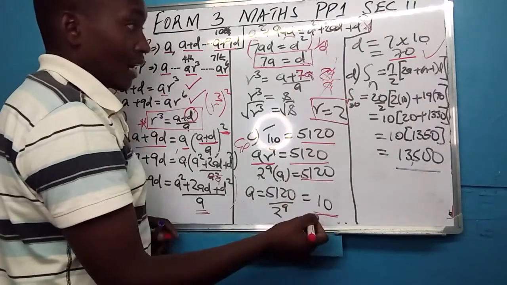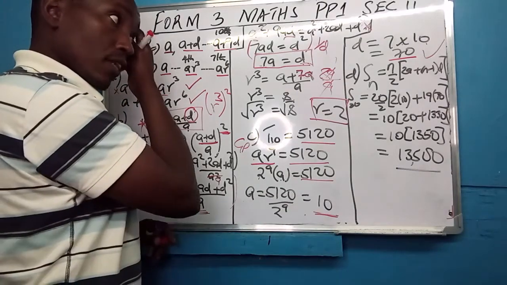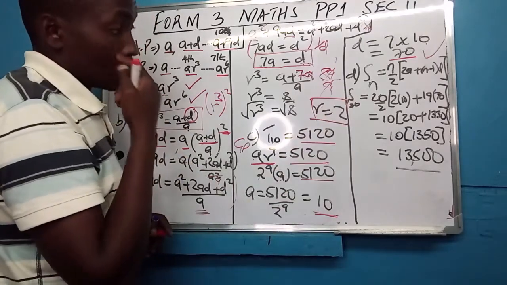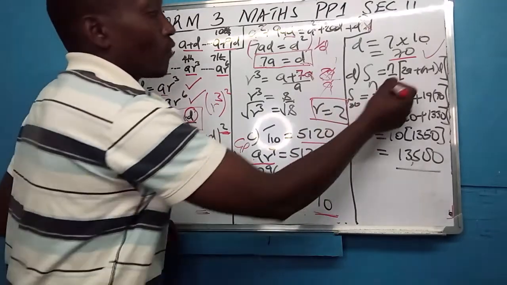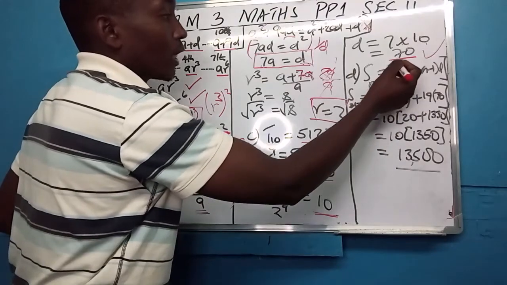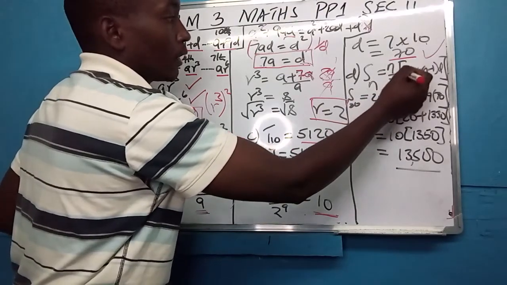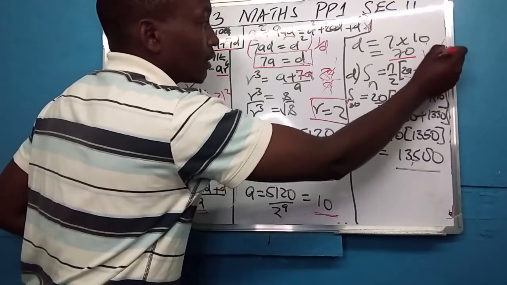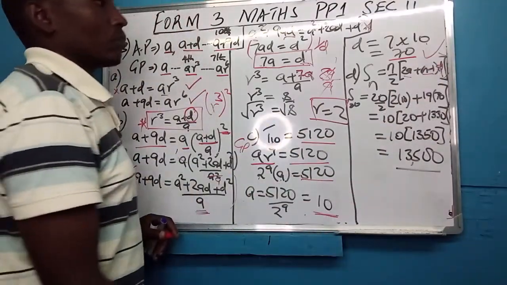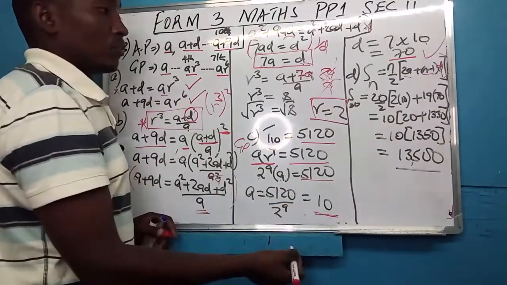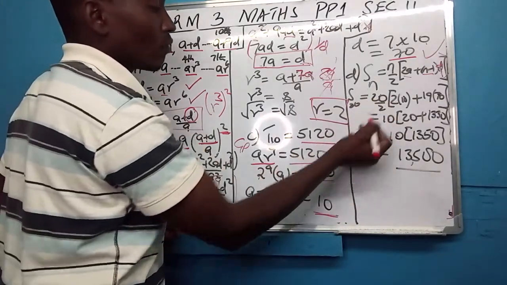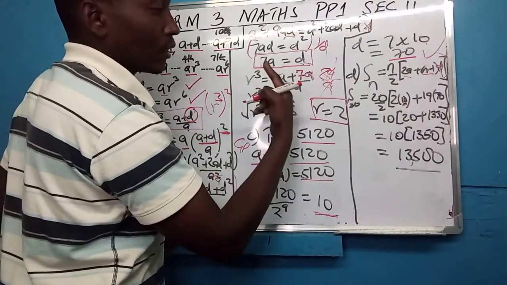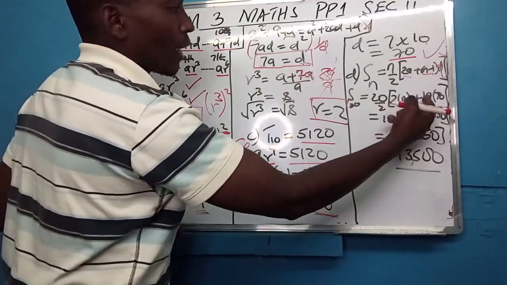Then part D, I'm supposed to work out the sum of the first 20 terms of the AP. So the formula is there. The Sn is always n over 2 into capital bracket 2a plus n minus 1 times d, into, you close that capital bracket there. So then you only need to substitute. I have n is 20 over 2, then 2a, 2 into a, I know it's 10, 2 times 10, plus 19.